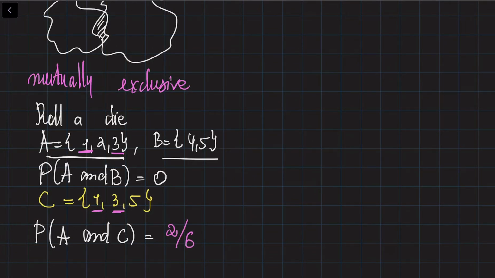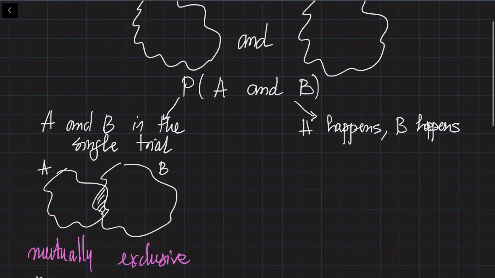Because the die has 6 sides, and the sample space in this case is going to be the numbers from 1 to 6, and two of them are participating in both of these events, so they are in the intersection. That is why the probability of A and C is going to be 2 over 6. So this is the first case, when we mean that A and B happen in a single trial.